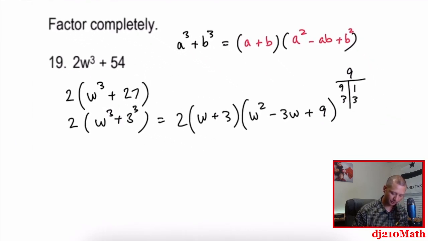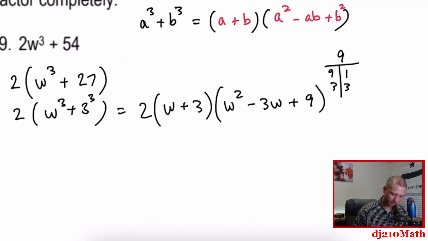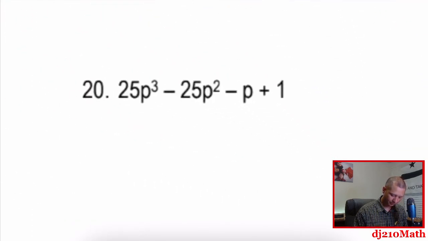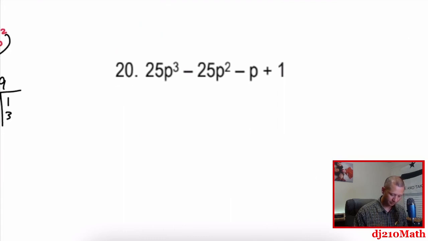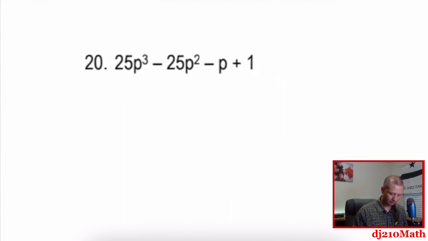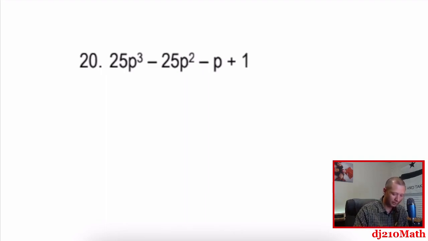What's next? All right, number 20, the last one. So it's four terms in descending order. So the idea is that we split it down the middle.